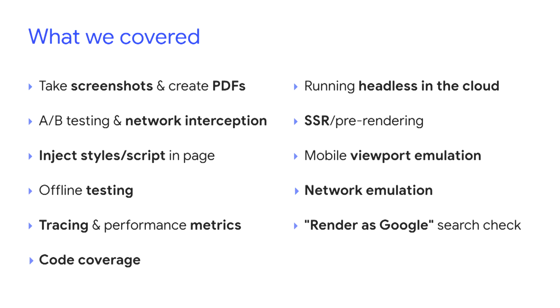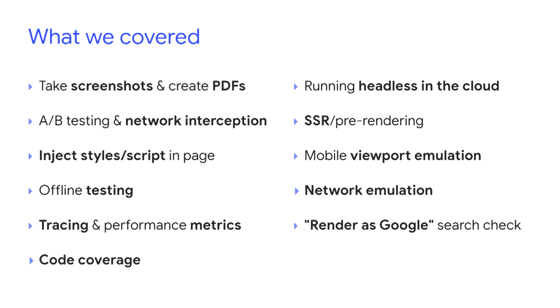So a lot of stuff today, actually. We covered a lot in what the DevTools can do, but there's obviously a lot of stuff in our docs that you can't cover in 40 or 50 minutes. But things like taking a screenshot, offline testing, injecting code into a page, evaluating code in a page, code coverage, performance testing. I keep saying testing. Testing's good. We should all do it.